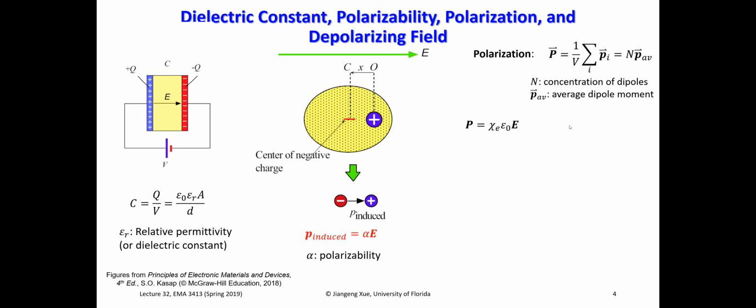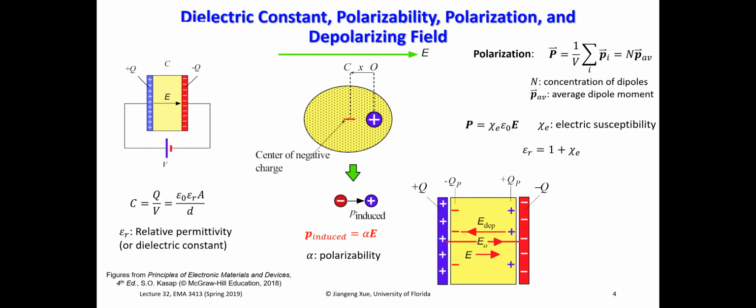And since the average dipole moment scales with the electric field, the overall polarization vector should also scale with the electric field, which defines a scaling constant, chi-e, the electric susceptibility, which is related to the dielectric constant in this simple form. The dielectric constant is 1 plus the electric susceptibility.